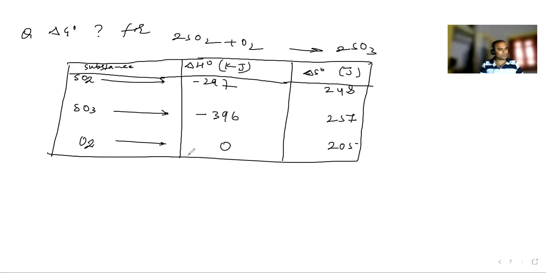And then what is the temperature? The temperature is given here, 298 Kelvin only.